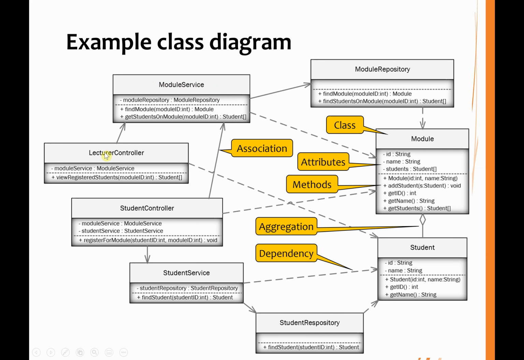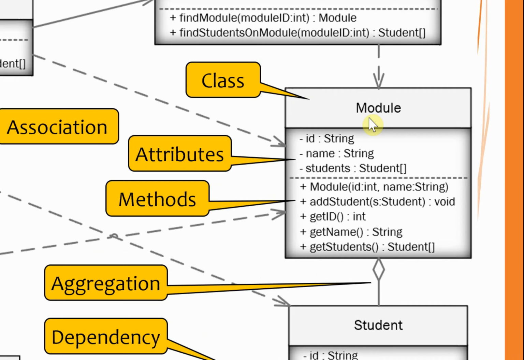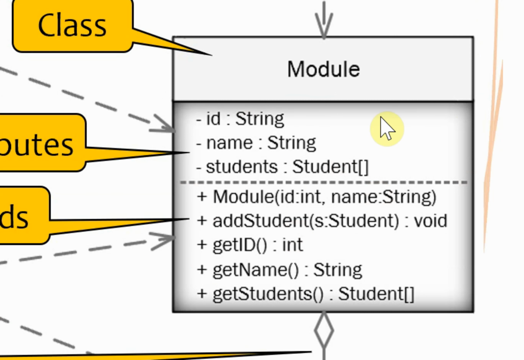So the lecturer controller in this example wants to view registered students for a given module ID. Therefore, the lecturer controller will want to talk to the module service to find a module and then get the students on a module, and so on. Now, in terms of the details, let's focus on the module class.